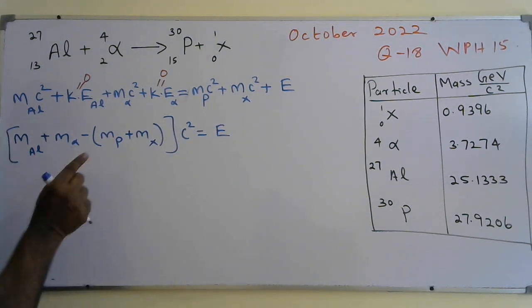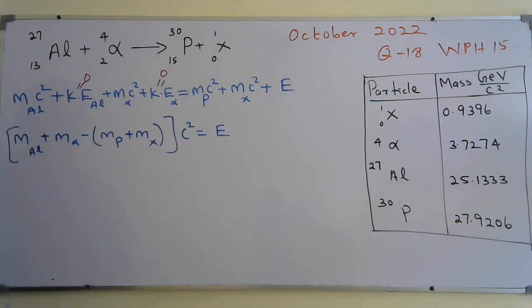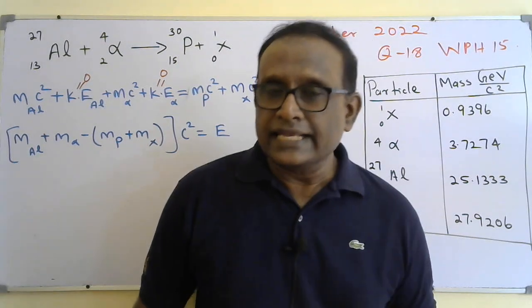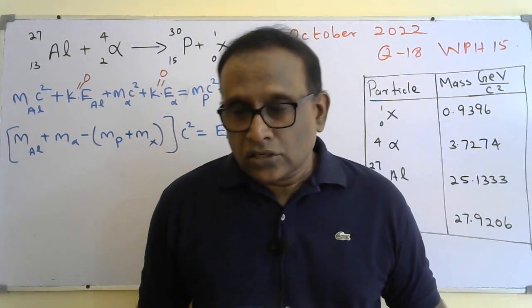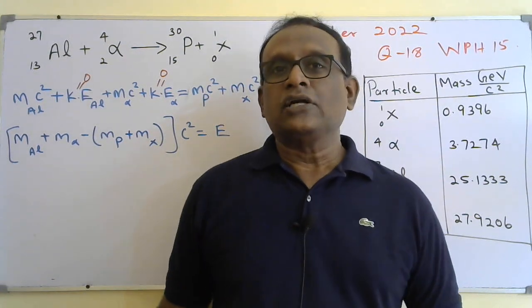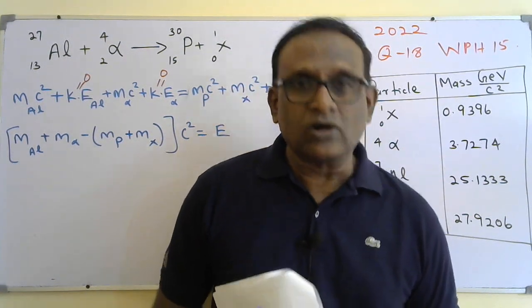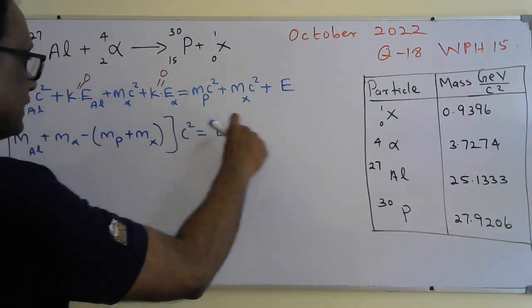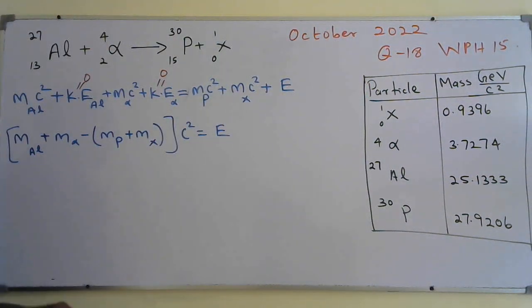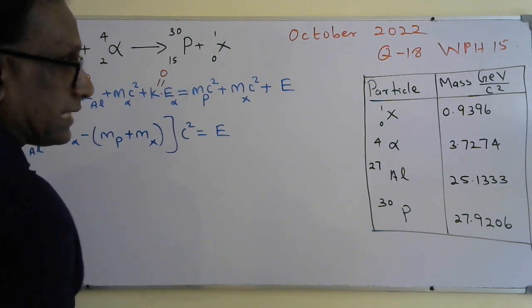You can start directly with that. But why am I showing this equation? Actually what we are using is total mass energy conservation. There's nothing called the mass deficit principle or law of mass deficit in physics, but we accept it even if you start with this equation directly. Normally they accept it in all exam boards.